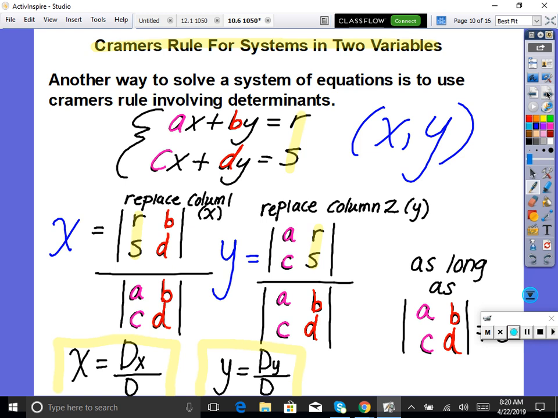So you guys, we have learned a couple different ways to solve systems of equations. The first thing we did in the first lesson of this unit, we learned how to solve by getting it down to reduced row echelon form or row echelon form and solving by substitution. Then we learned another method, which was, does anyone remember what the next method was?